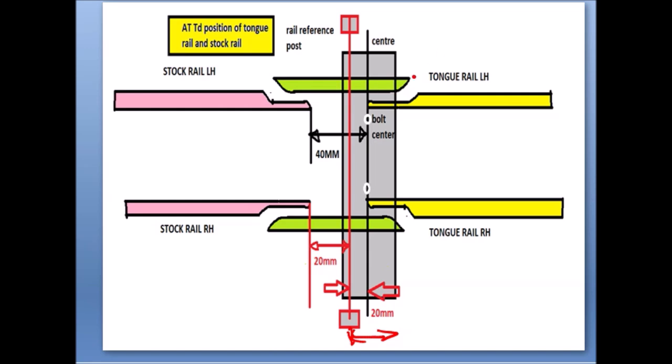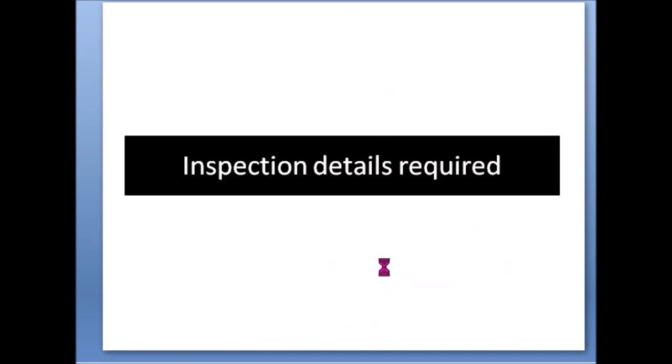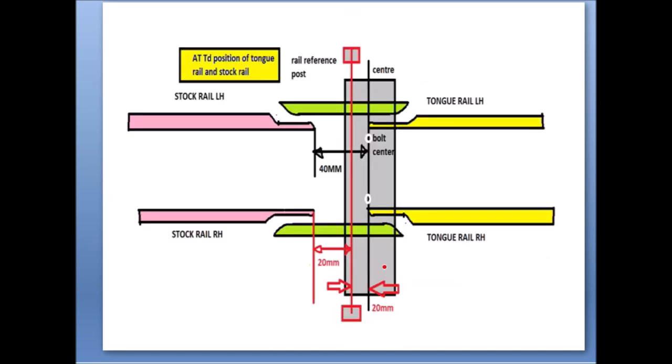Okay, so we will note down what is the temperature at site when we record this measurement. So once we know the temperature, and once we know the distance of the tongue rail from the reference post, then we will recheck with the code, right? Annexure 3 bar 9.